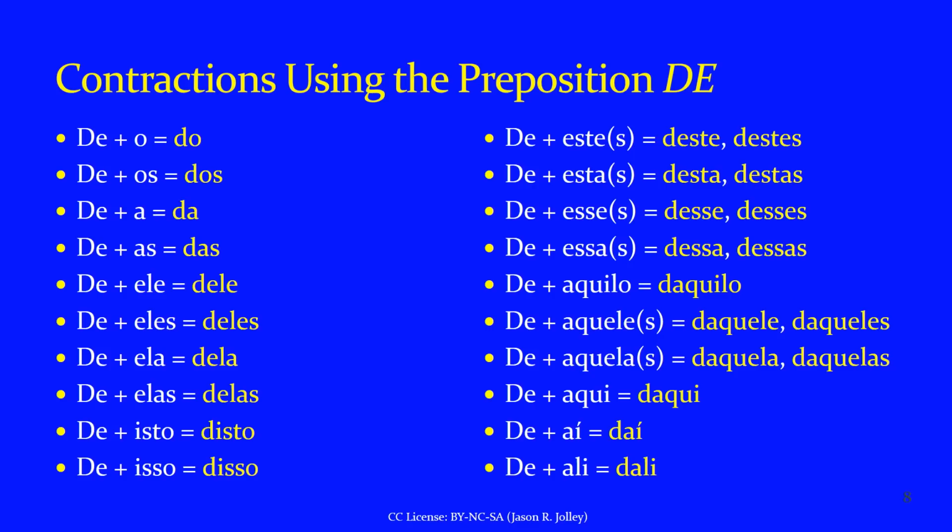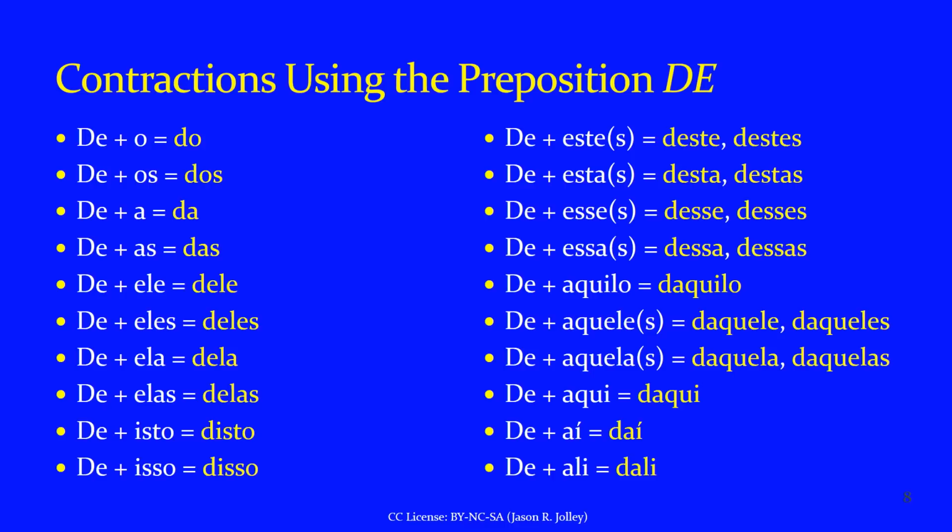All right, moving on to the next preposition in alphabetical order that forms contractions, we have the preposition de. As you can see from this slide, de is the preposition that generates the most contractions. I've put the most common, and there are actually more than these, but these are the most common, right? We have the definite articles, o, os, a, and as. We have the personal pronouns ele, as for example in dele, dela.